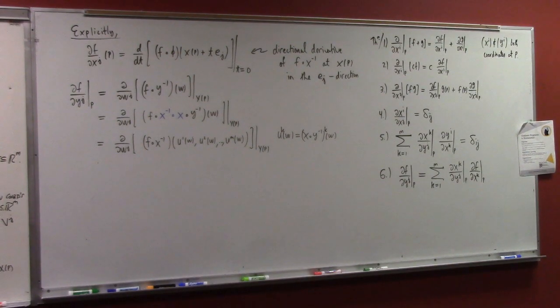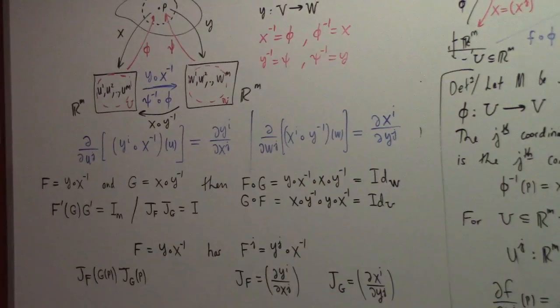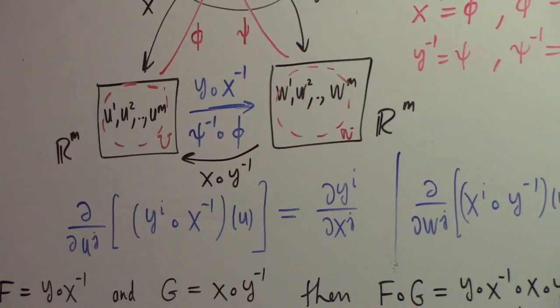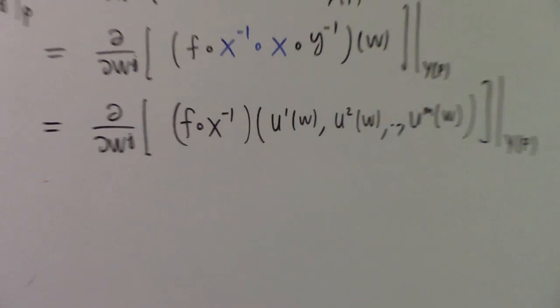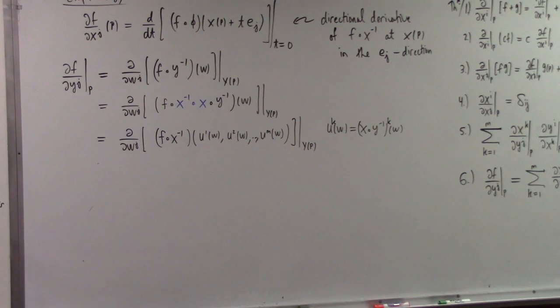If you go back to this picture, x composed with y inverse would be like this, right? And since x composed with y inverse is a mapping from Rm to Rm, that means that what we're up against over here is a composition of functions on Rm.